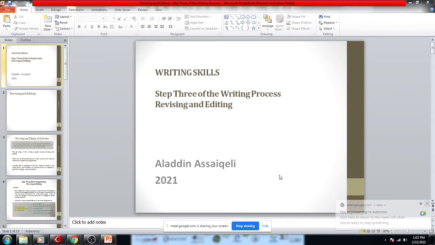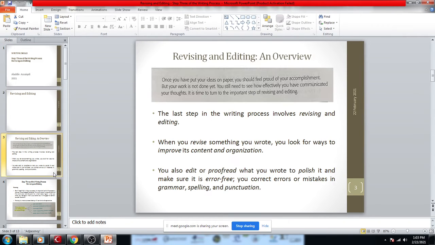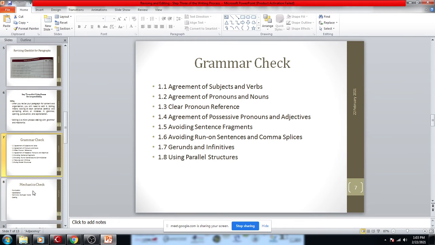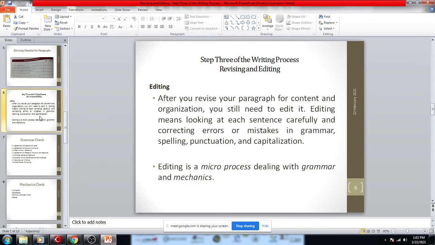So, as you revise and edit, you catch mistakes and different problems. When editing, after you revise your paragraph for content and organization, you still need to edit it.